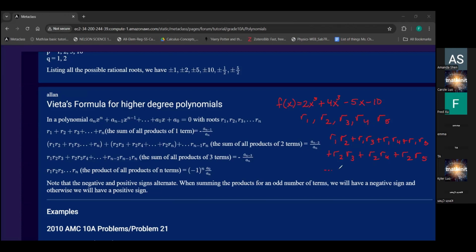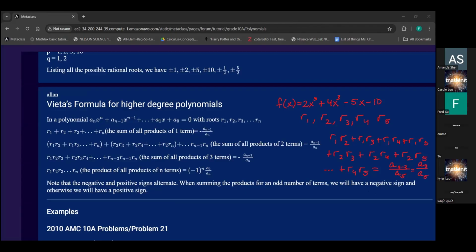And basically, let's write it. Basically, this equals a of n minus 2 over a of n. So in this case, n is 5, right? That's the leading term's degree. Minus 2, so 5 minus 2 is 3. That's why we wrote this as 3. So this would be a of 3 over a of 5, sorry, no negative.